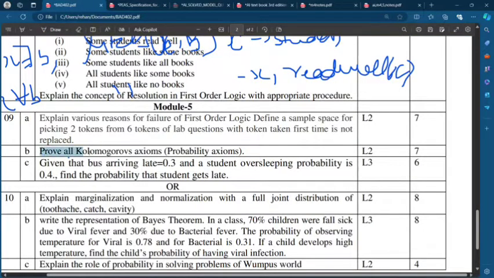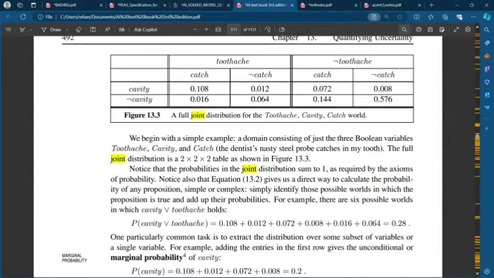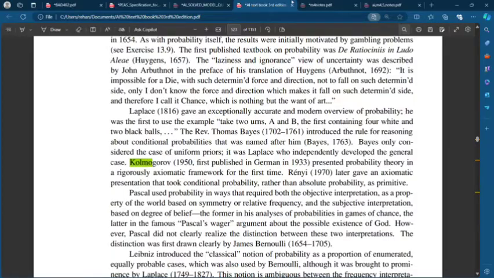Okay, do we have anything? Prove all Kolmogorov's probability axioms. Okay, this thing is one kind of a headache. So let me just show here. I'll write Kolmogorov.